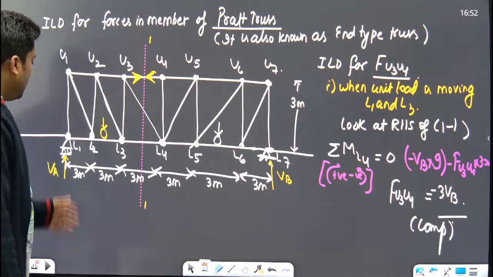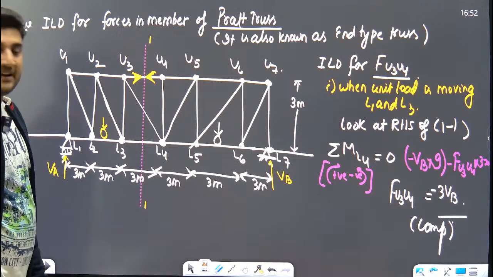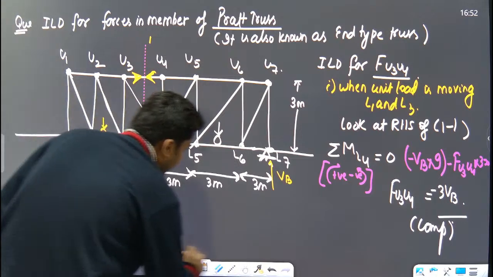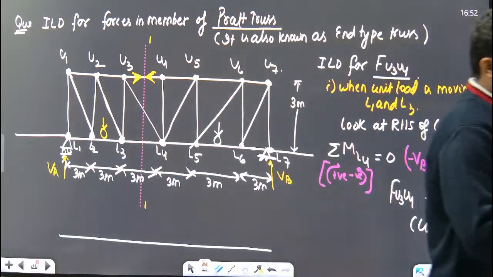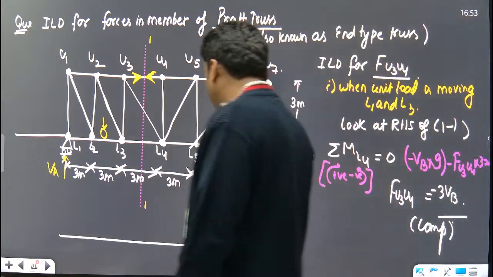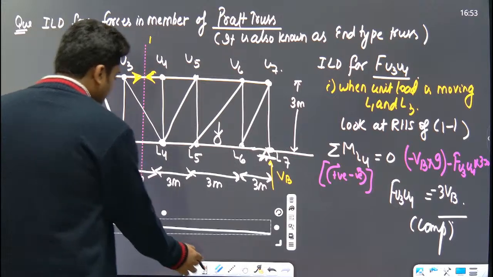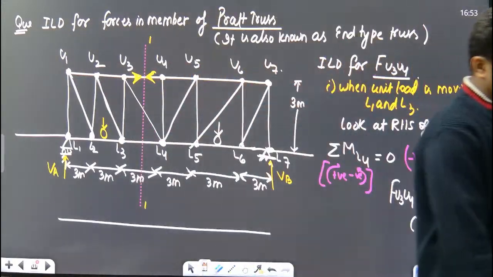So how to draw the ILD for VA? How to draw the ILD for VA, guys? This is a simply supported beam.